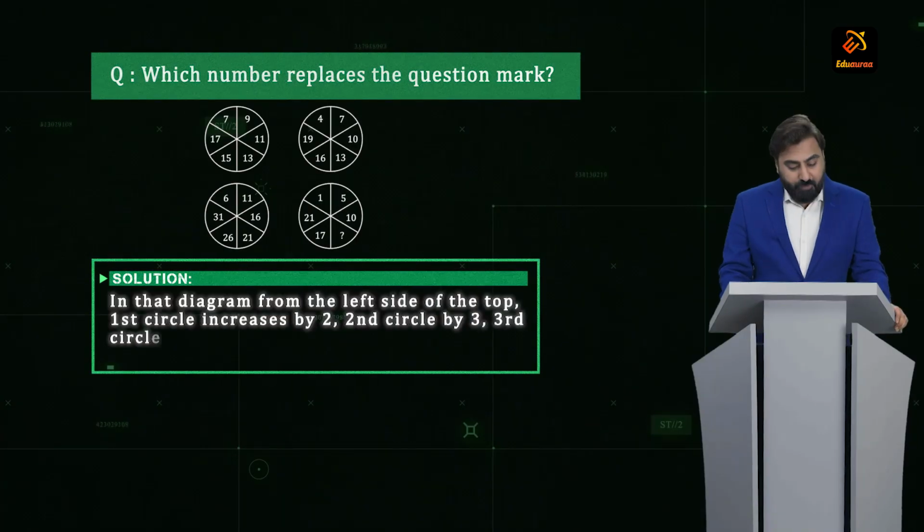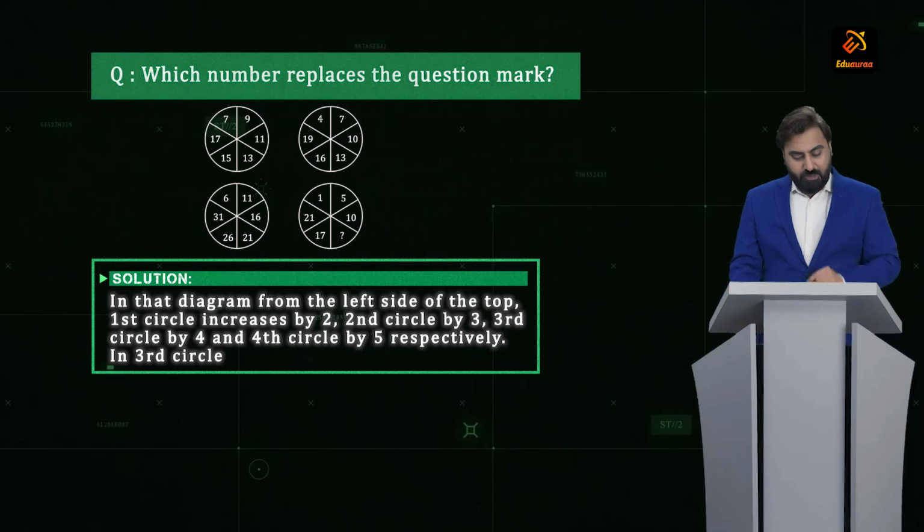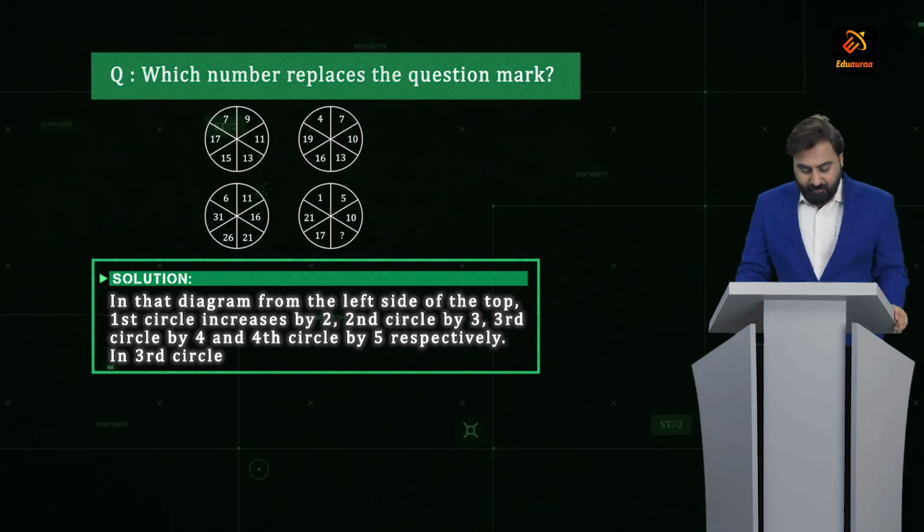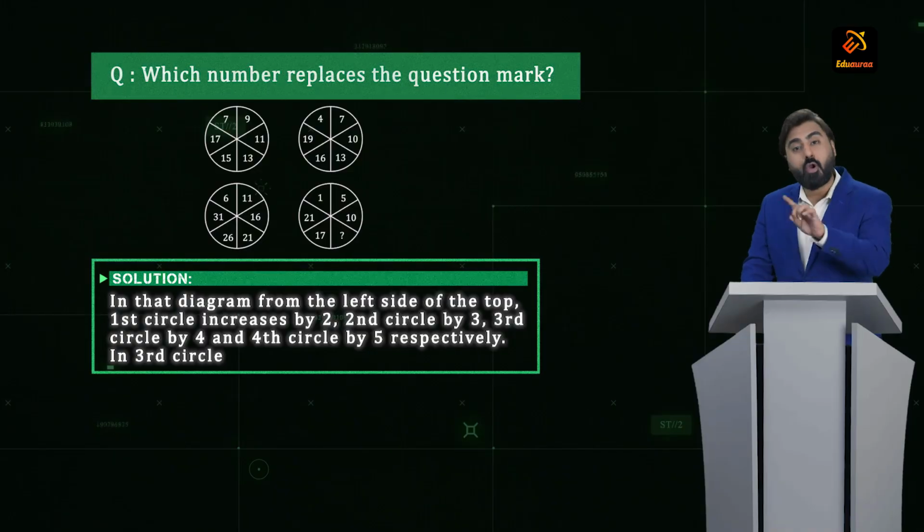How do we find it? Now, if you see this diagram properly, in each circle, starting at the top left segment, the number increases as you move clockwise.